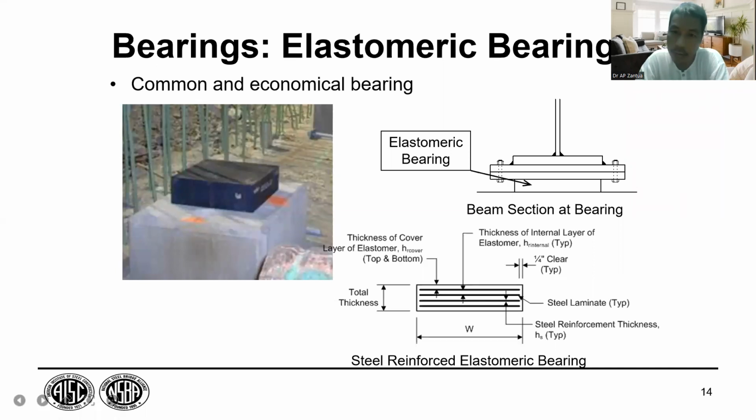Imagine if the elastomeric bearing wears out. It will be used up to, for example, 30 years or 50 years. So you need to have a jack to jack it up so that you can replace the bearing underneath. That is the solution, engineer.